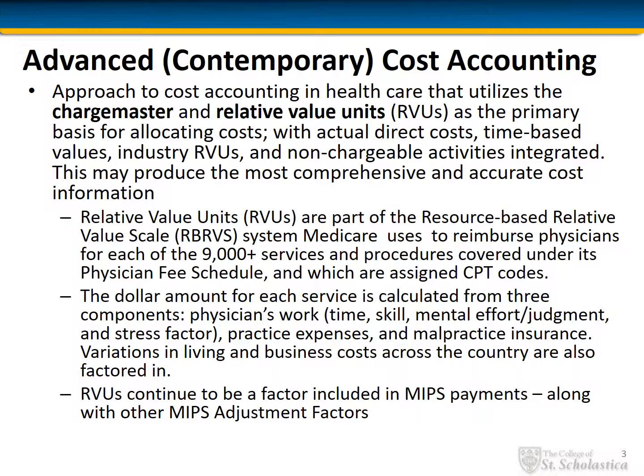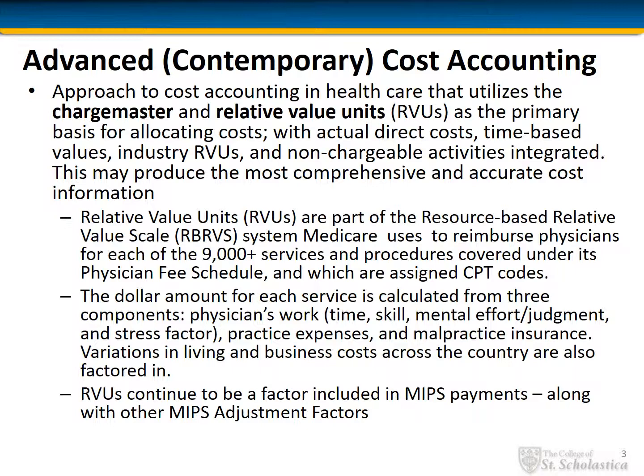The charge master must be complete, accurate, and up to date. The formula for this form of cost accounting utilizes charge master data along with the relative value units, RVUs, to essentially merge costs of what would be considered goods in a manufacturing environment with services or the cost of professional health care.